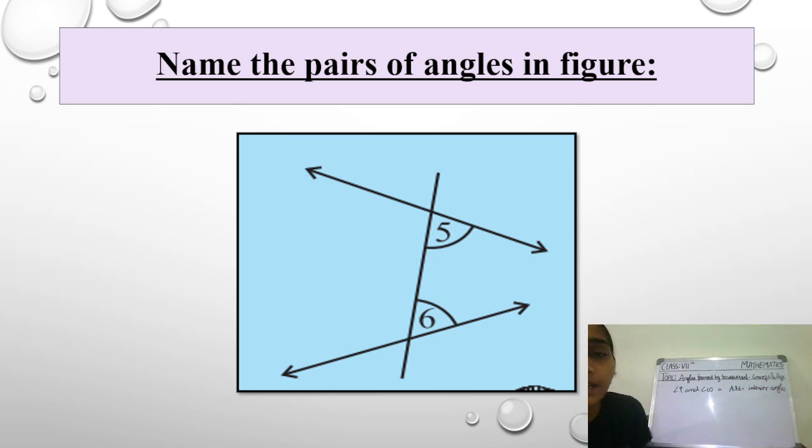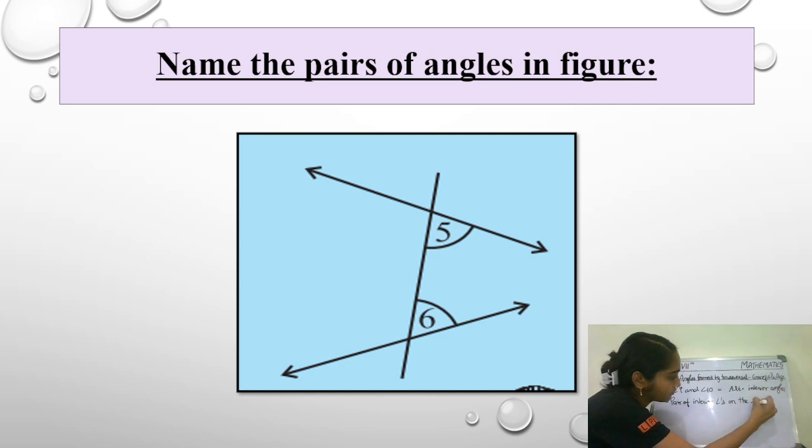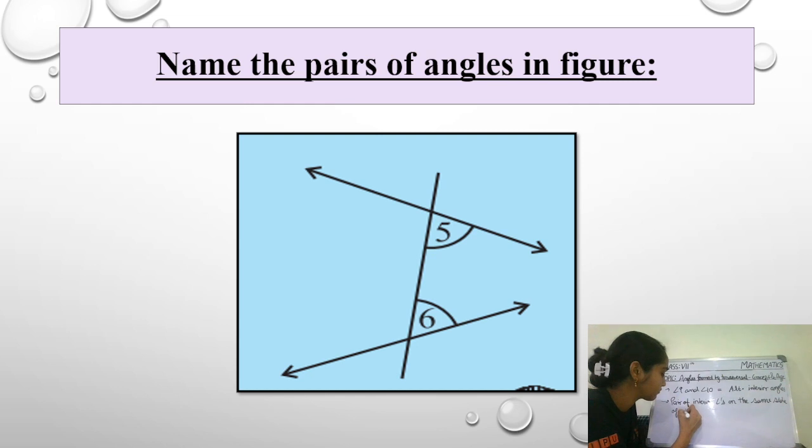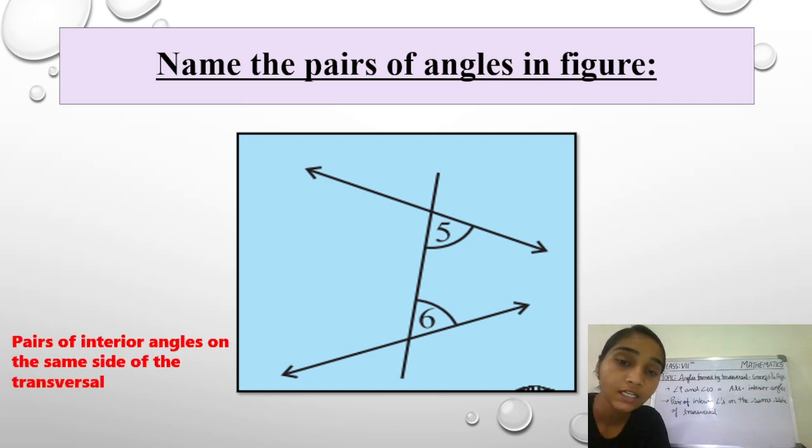Yes, so angle 5 and angle 6, students, they are a pair of interior angles on the same side of transversal. Very good, students. So this will be the pair of interior angles on the same side of the transversal. Now students, let's move ahead.